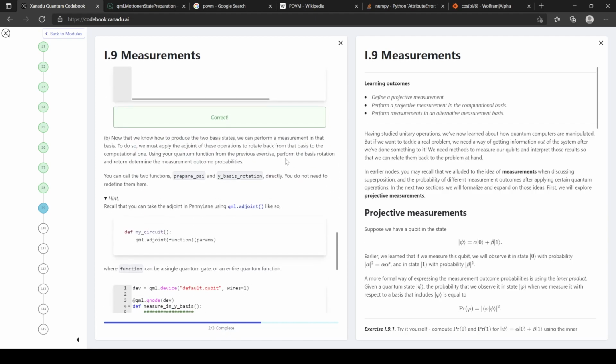Okay, now that we have the basis states, we can perform measurement in that basis. To do so, we must apply the adjoint operation of these operations to rotate back from that basis to the computational one. Using your quantum function from the previous exercise, perform the basis rotation.